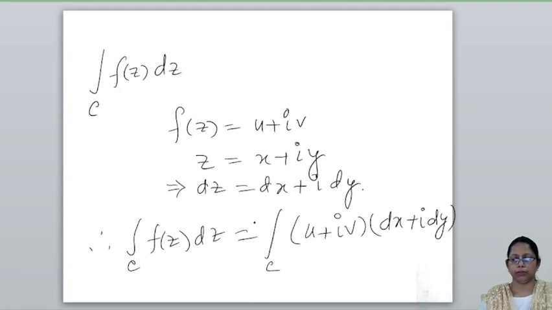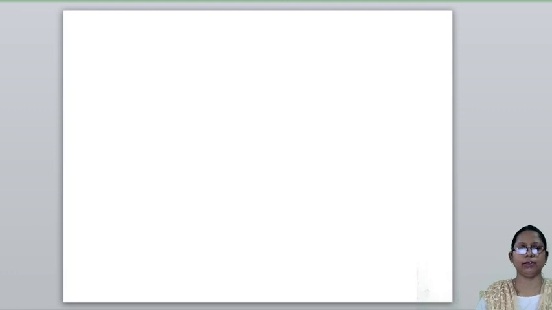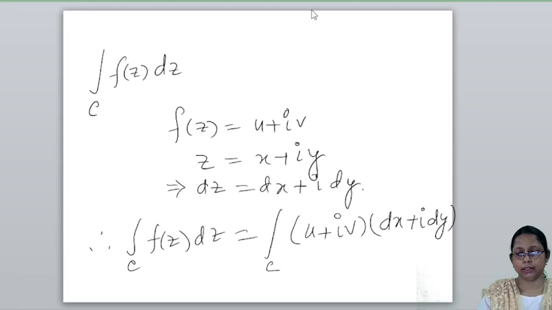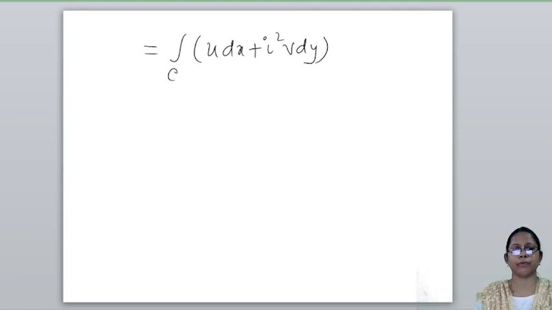If you expand this, you will get u dx plus i squared v dy, plus i v dx plus i u dy.